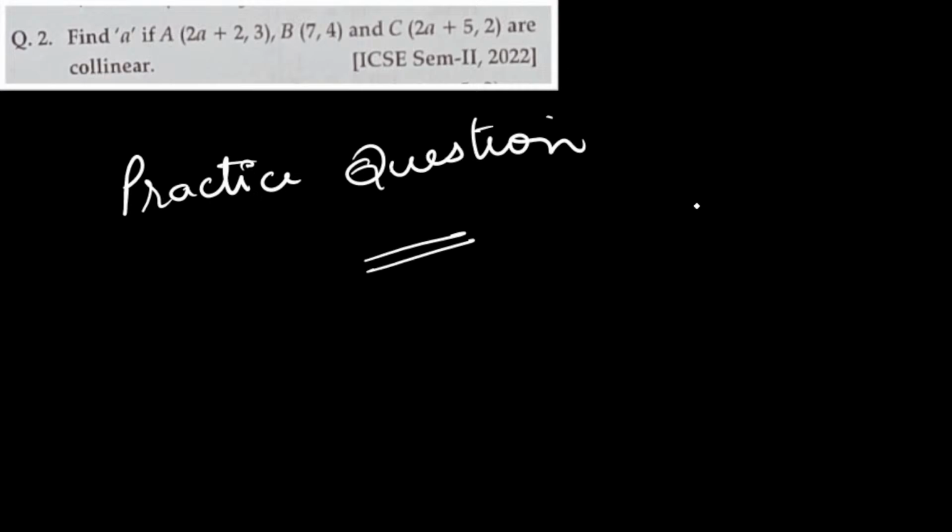After solving, post your answer in the comments. We'll see how many comments we get today, how many of you are solving it. So you have to find the value of a if the points are collinear. We have done this type of question in reason and assertion based questions today, so you do it and post your answer. If anyone has any doubt, you can just tell me, or else we'll wrap up the class.